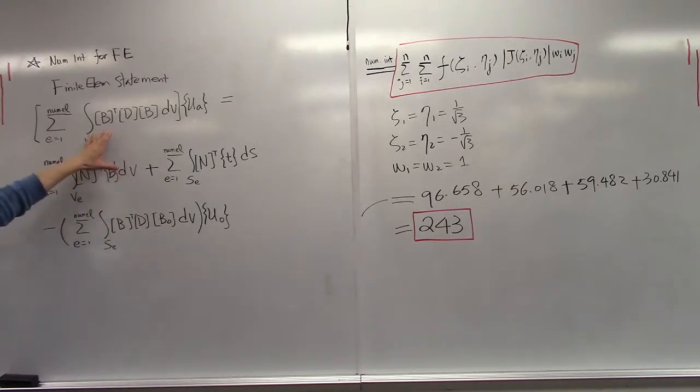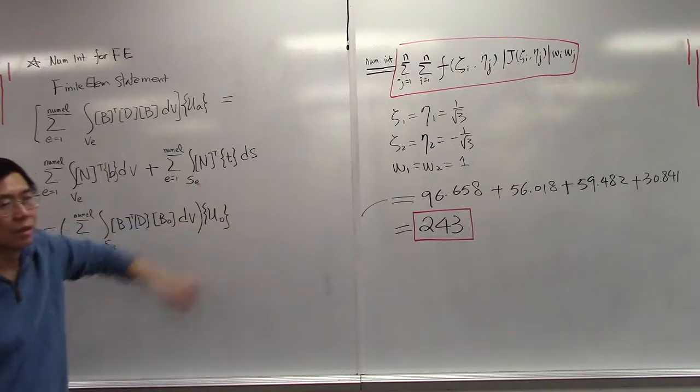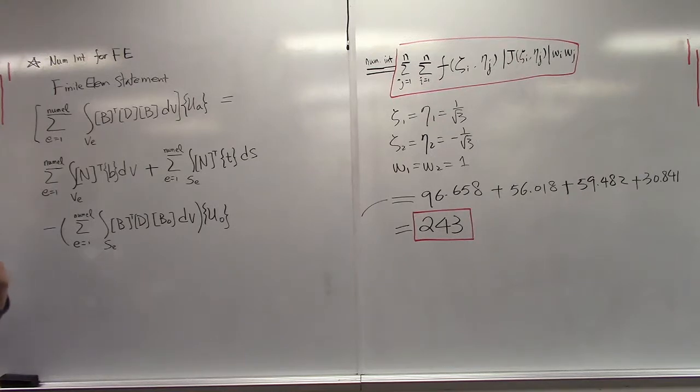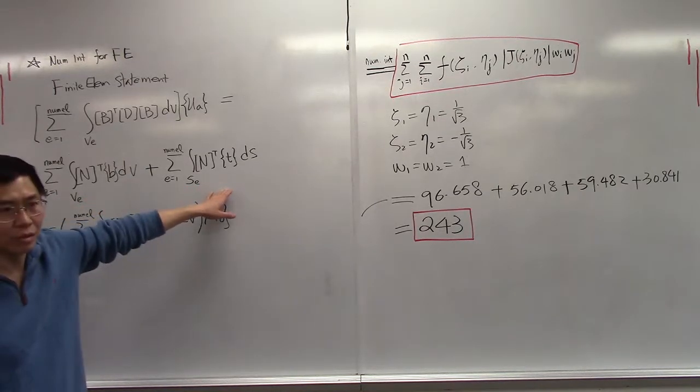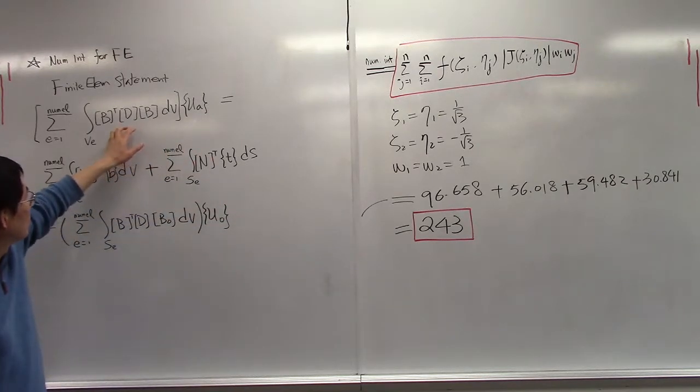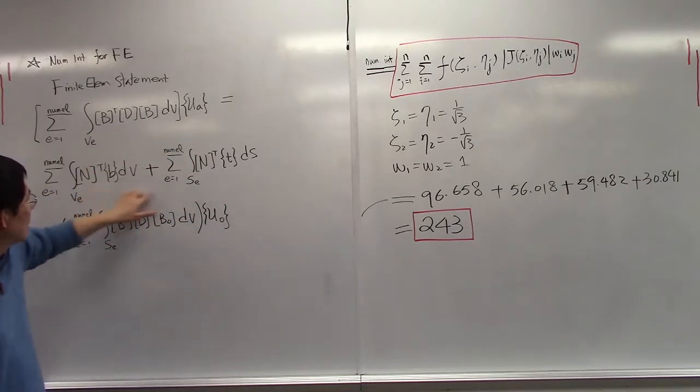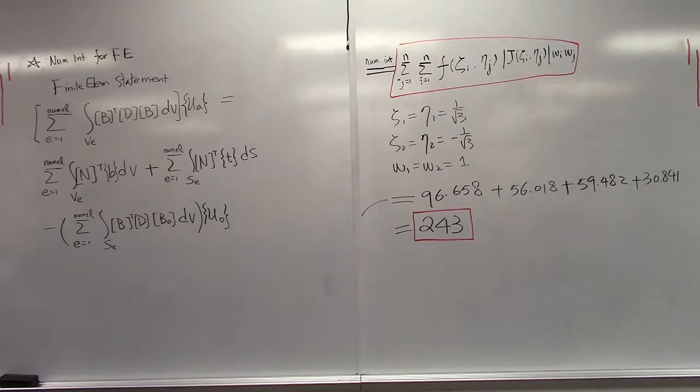So we're going to talk about how to integrate these in this lecture. Now the body force integration involves a little bit of extra derivation, so we're going to talk about that next lecture. And after next lecture we are ready to program it.